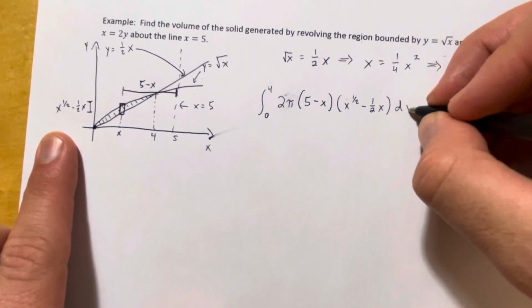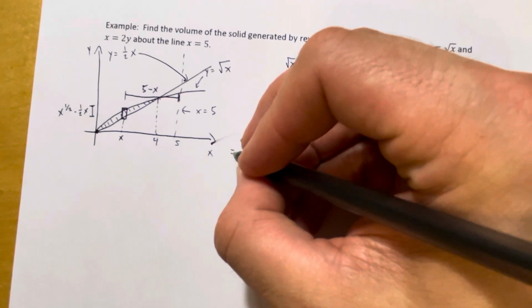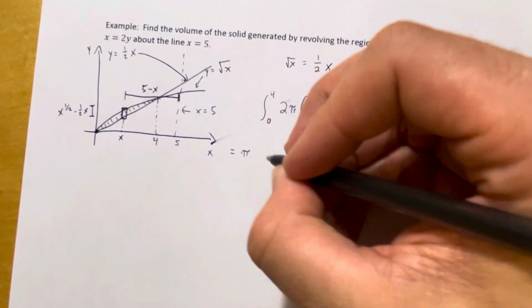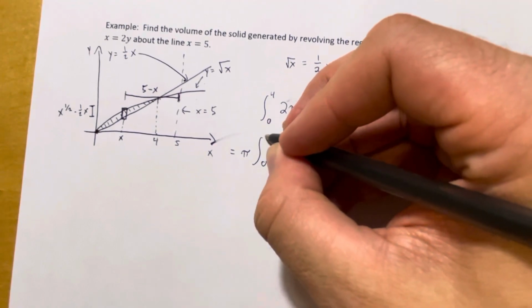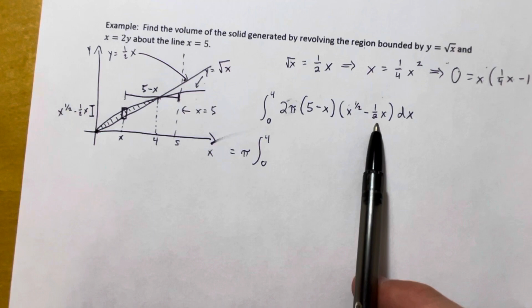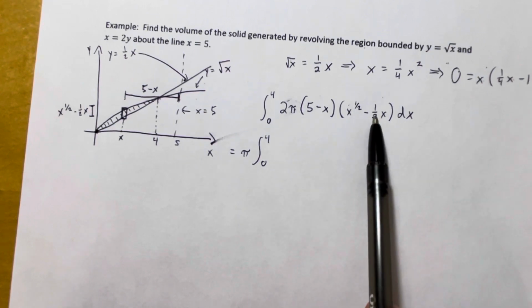And then I have my thickness, which is dx. Okay? I'm going to factor the pi out of here, but I'm not going to factor the 2 out. Normally I would, but I'm seeing that I have this fraction right here, and I kind of prefer to not have a fraction in there if I can help it. I see that this 2 will naturally eliminate that fraction.